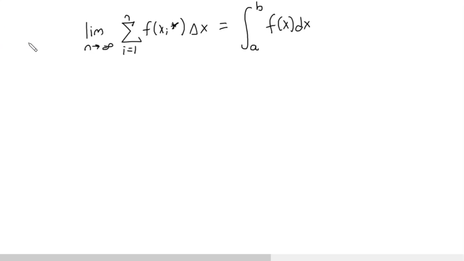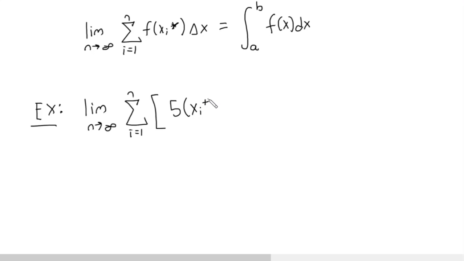Example: let's say I was given the limit as n approaches infinity of the sum, sigma, i equals 1, and this is the function we're dealing with: 5 xi star cubed plus square root of xi star minus 4 sine xi star, and then times delta x.